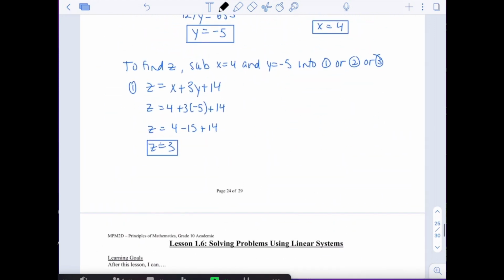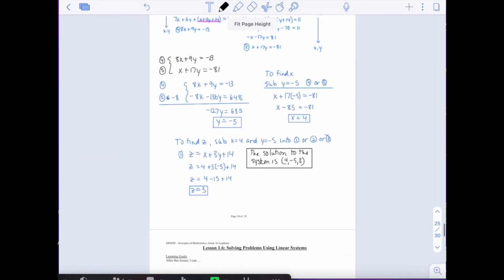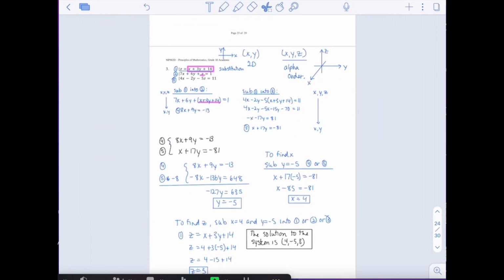So what we're going to do is say the solution to this system is, and we have to put it in order of x, y, and z, in the following way. Now I will take a second here to show you that this works.